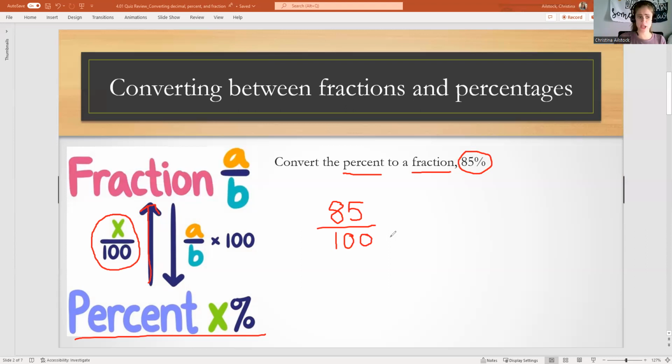So we do have a fraction, 85 over 100. But that is not simplified, and we always want to simplify, otherwise known as reduce, our fractions. So when we do that, we look for a common factor that we can divide both 85 and 100 by. Well, I notice that my numbers end in 5 and 0.